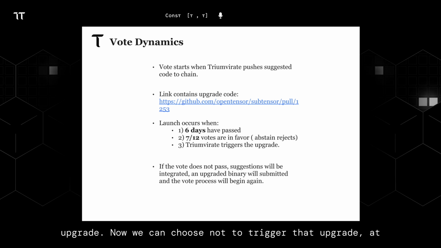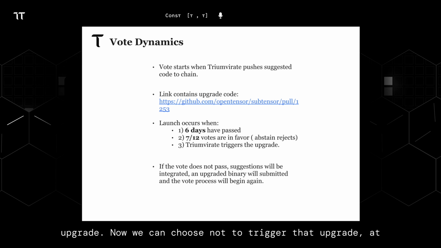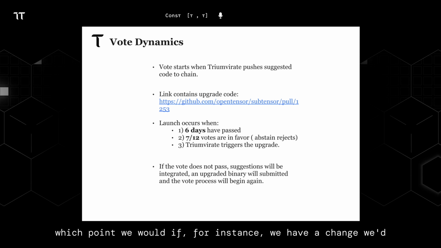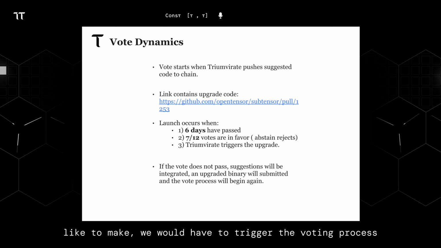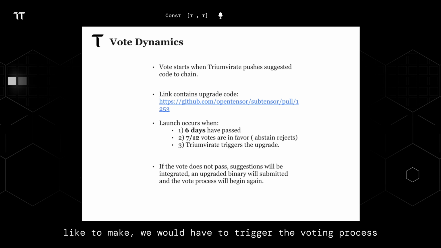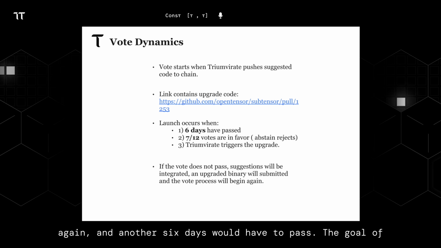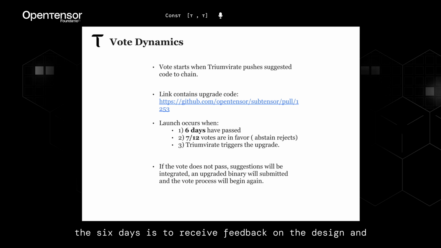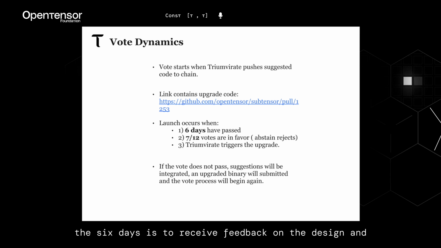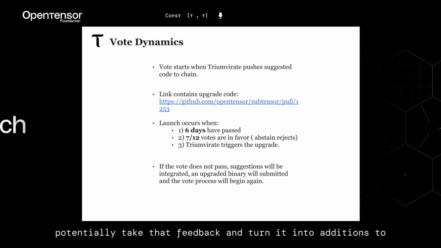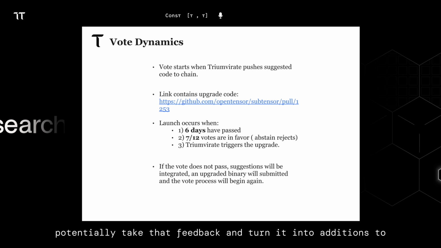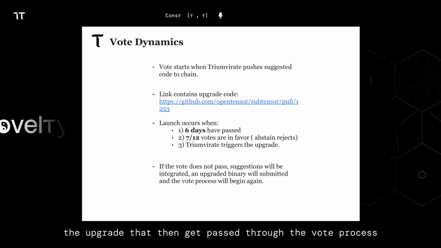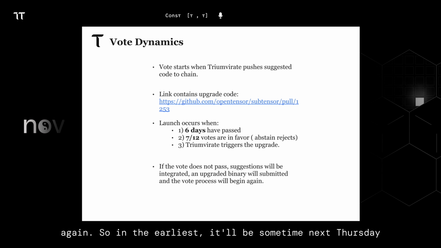Now, we can choose not to trigger that upgrade, at which point we would, if, for instance, we have a change we'd like to make, we would have to trigger the voting process again, and another 6 days would have to pass. The goal of the 6 days is to receive feedback on the design and potentially take that feedback and turn it into additions to the upgrade that then get passed through the vote process again.